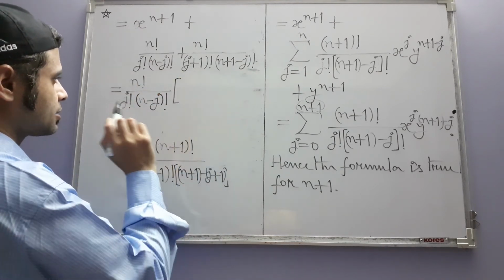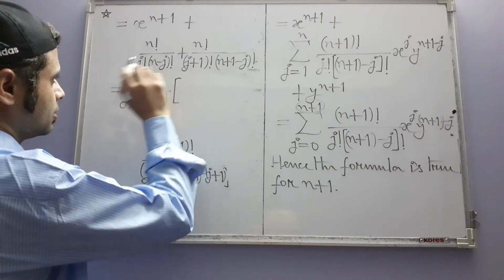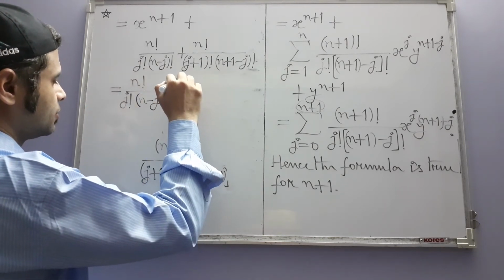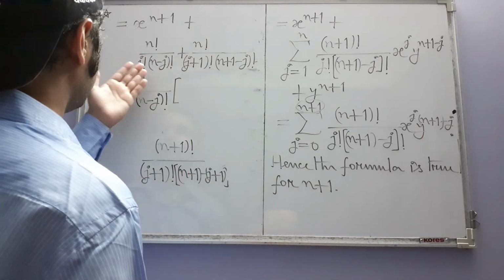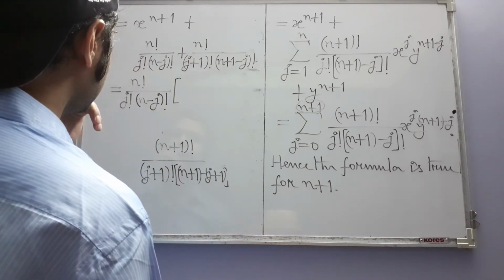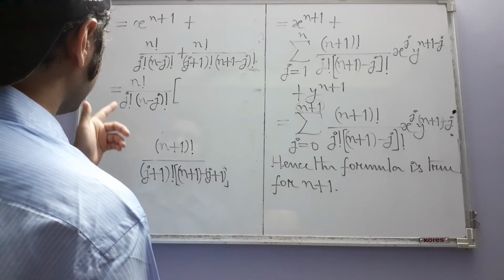So what survives in the first term? We have, oh, have we managed to take everything common? How is that possible? J factorial.